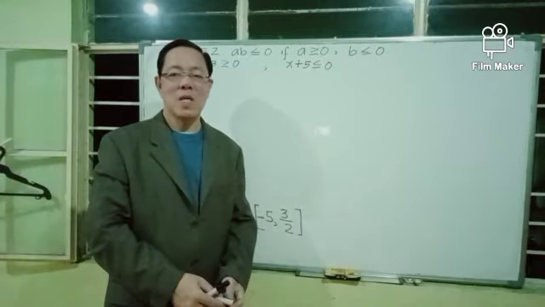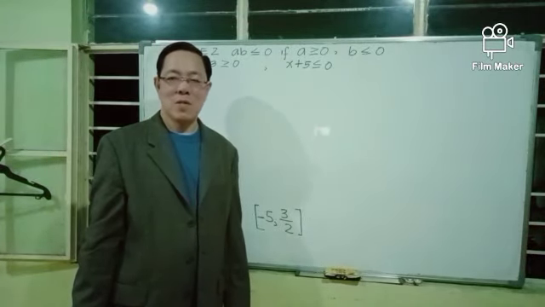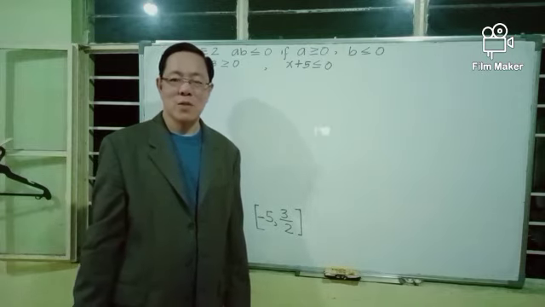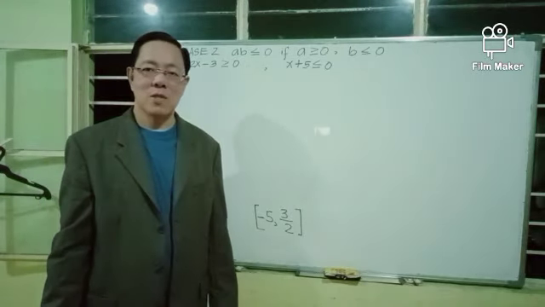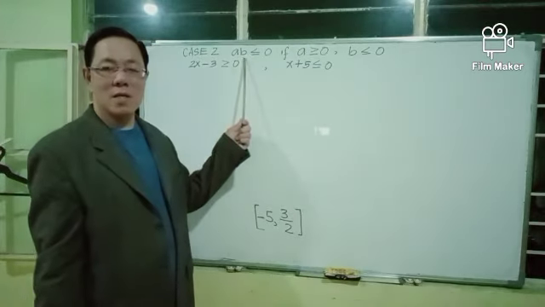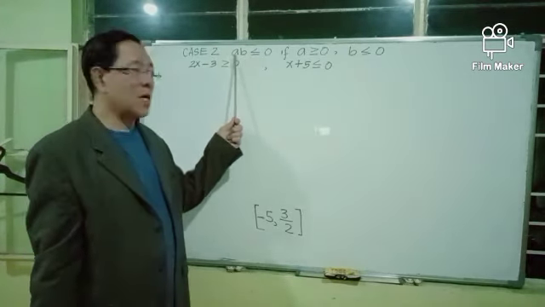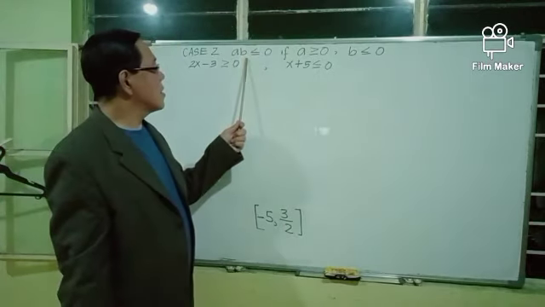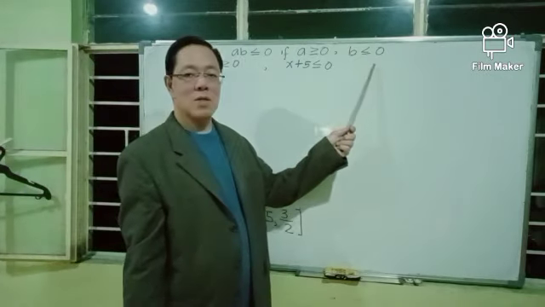In case 1, we consider the product AB less than or equal to 0, where A is less than or equal to 0 and B is greater than or equal to 0. Now the product of two real numbers A and B is also less than or equal to 0 if the first factor A is greater than or equal to 0, positive, and the second factor B is negative, or less than or equal to 0.